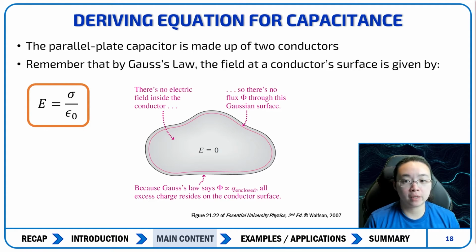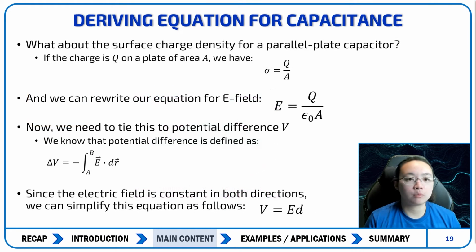So the parallel plate capacitor is made up of two conductors. And one thing to remember from Gauss' law is that the field at a conductor surface is given by this equation over here. E is equal to sigma, or surface charge density, over epsilon naught. So keeping that in mind, we move on. And we ask ourselves, what about the surface charge density for a parallel plate capacitor?